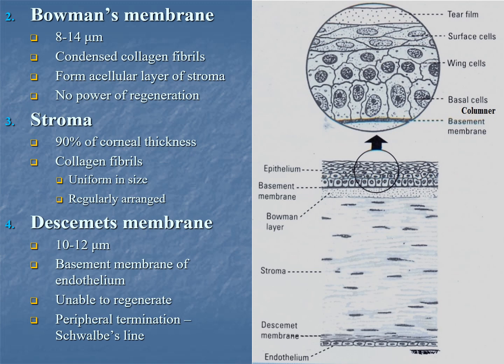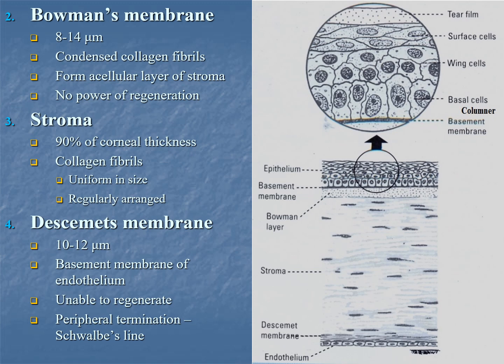It is about 8 to 14 micrometer thick, and it acts as a basement membrane of the epithelium. It is made of condensed collagen fibrils, forming an acellular layer of the stroma, and it cannot regenerate after trauma.